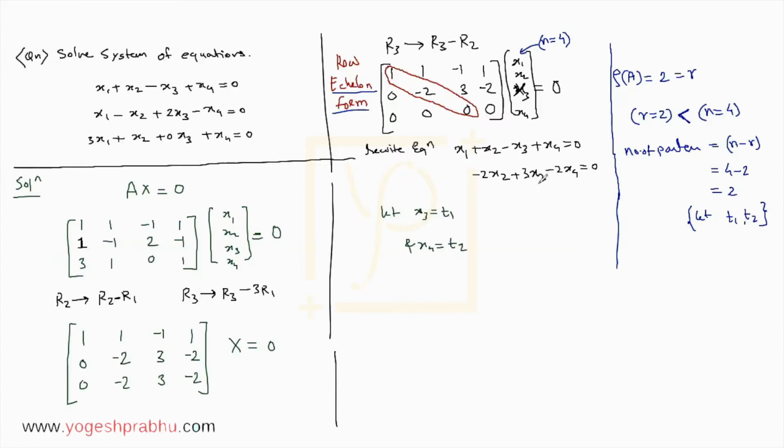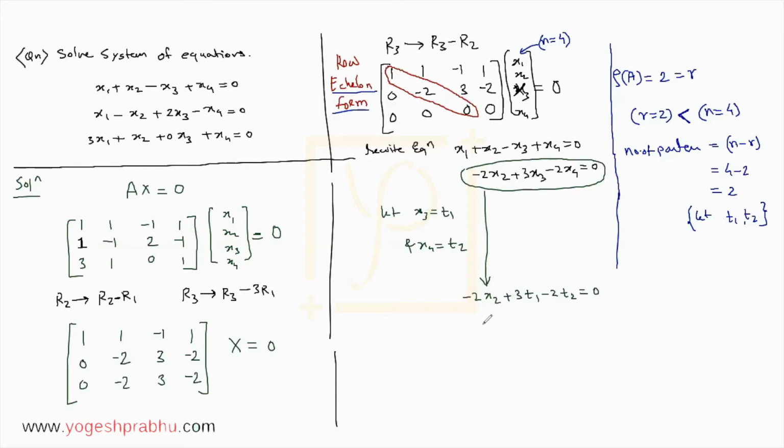So when I say x3 is t1, we can just substitute these values in this equation here. We can make x3 as t1 and x4 as t2. So you'll get x2 from here, right? So let me write that. From this equation, if I put these two values here, I'll get minus 2 x2 plus 3 t1 minus 2 t2 is equal to 0.